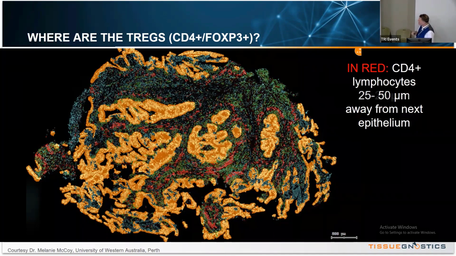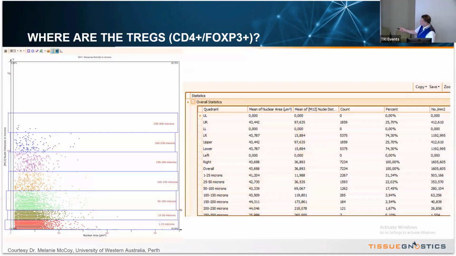And if we go back to the scattergram, you see here the quadrant statistic, as it's called also in flow cytometry, where in total we have 7,234 CD4 positive cells. In the gate 1 to 25 micrometers away from the tumor, we find 2,267 or 31.34% of the cells, and so on.